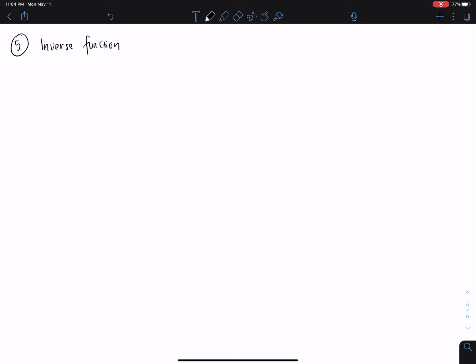An inverse function is a function that reverses the inputs with its outputs.